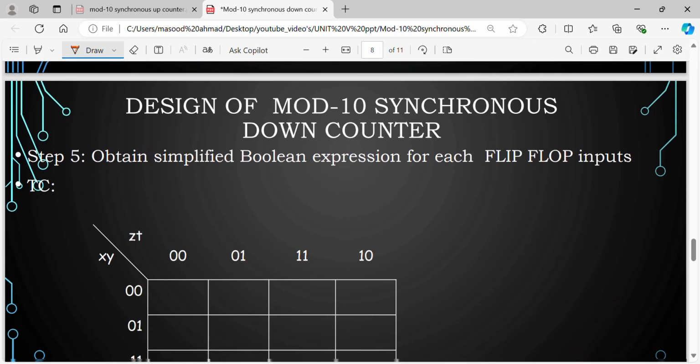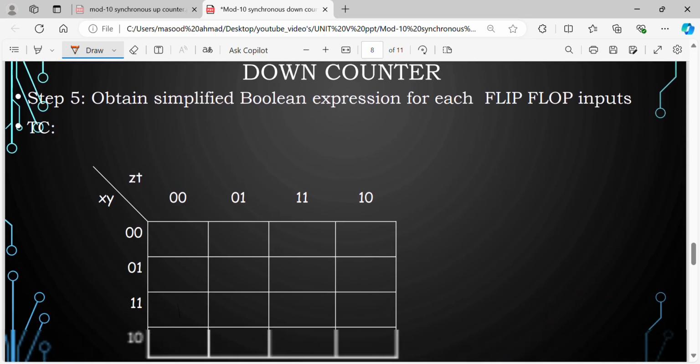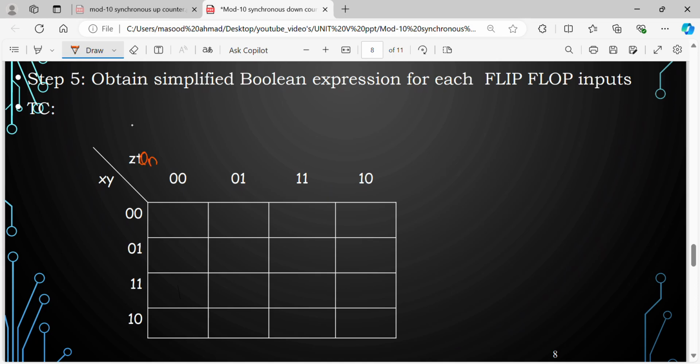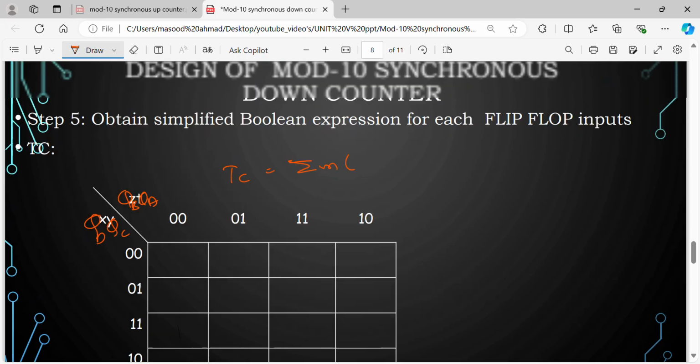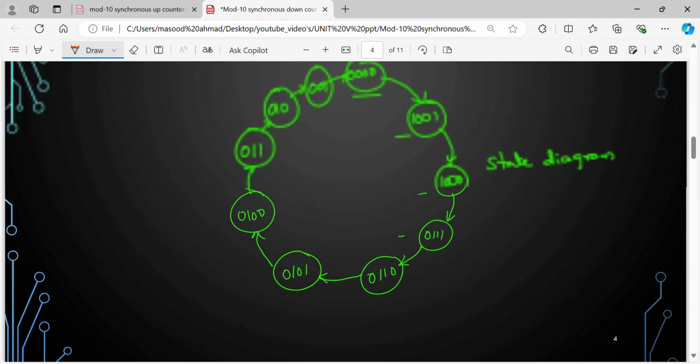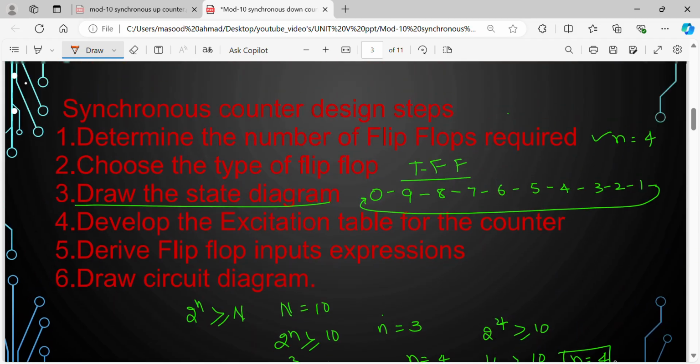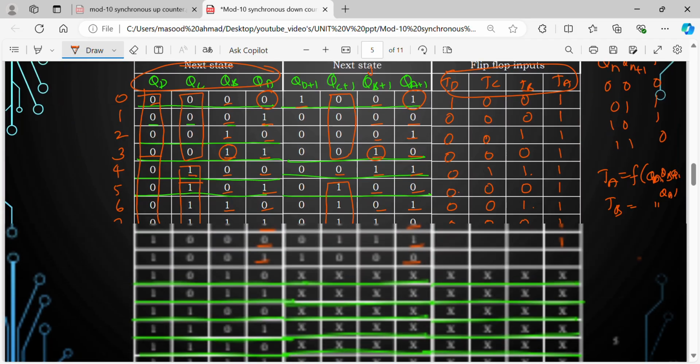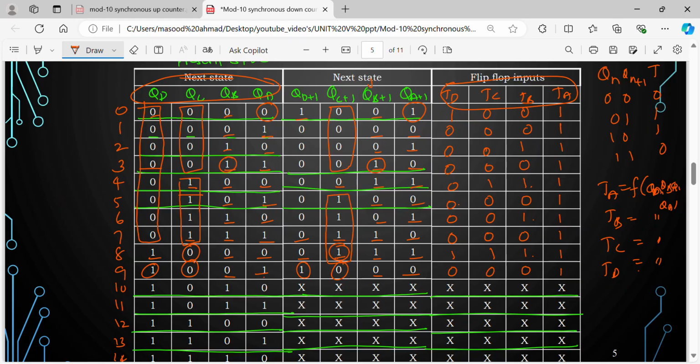Okay. So the next K map is for QA, QB, QC and QD. Now this is for TC. What is TC? TC is sigma m. For which values is it 1? If you look at the table, it is 1 for 4 and 1 for 8.